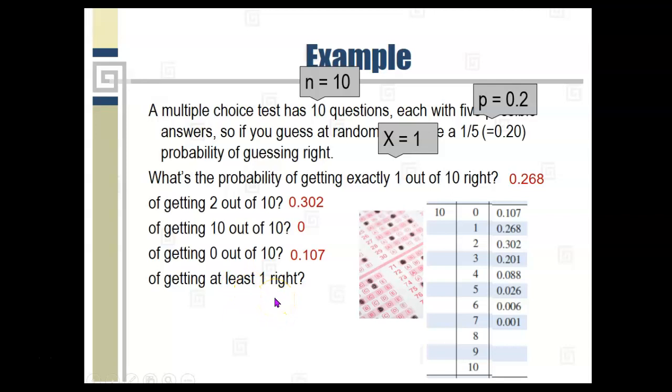If you got at least one right, that means you did not get none of them right. So the probability of getting at least one correct is 1 minus the probability that you got none of them correct. So that would be 1 minus 0.107, which would be 0.893.